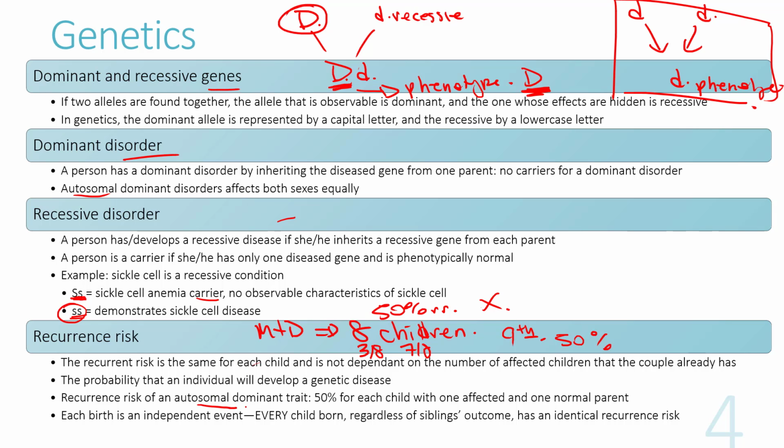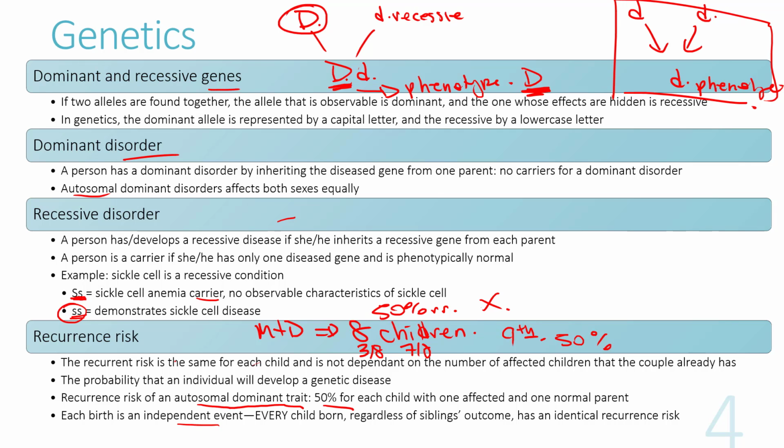So with autosomal dominant disorder, if you have one parent that has the disorder and one parent that does not, the recurrence risk is 50% for each child, regardless of how many children the parent already has, right? And that's because each birth is an independent event. Each child that is born has an identical recurrence risk, right? So for each of the 8 children and the 9th, they would have a 50% chance of getting the disorder if the recurrence risk is 50%.